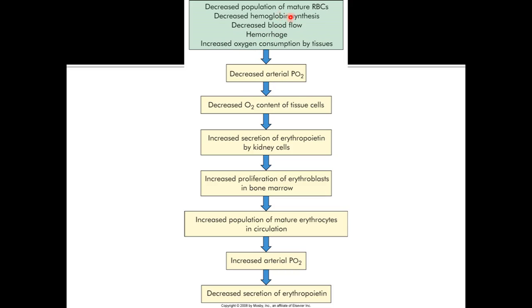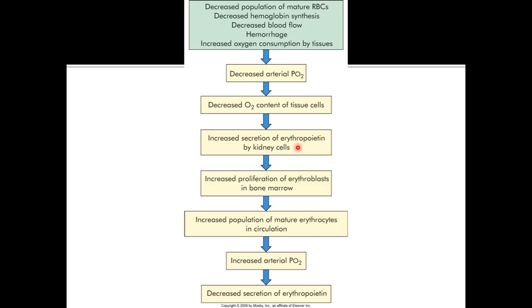If we don't have enough red blood cells, or if the tissues of the body require more oxygen than what the current population of red blood cells can provide, then that will stimulate specialized cells within the kidneys to secrete EPO, erythropoietin.